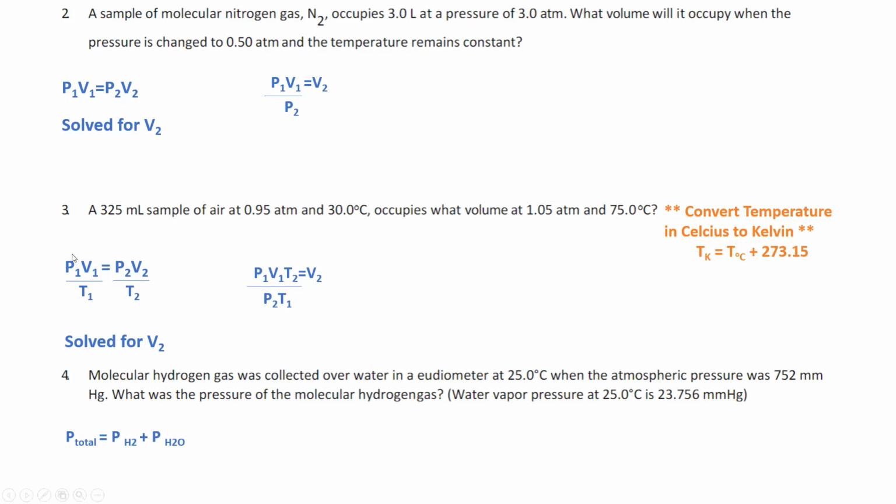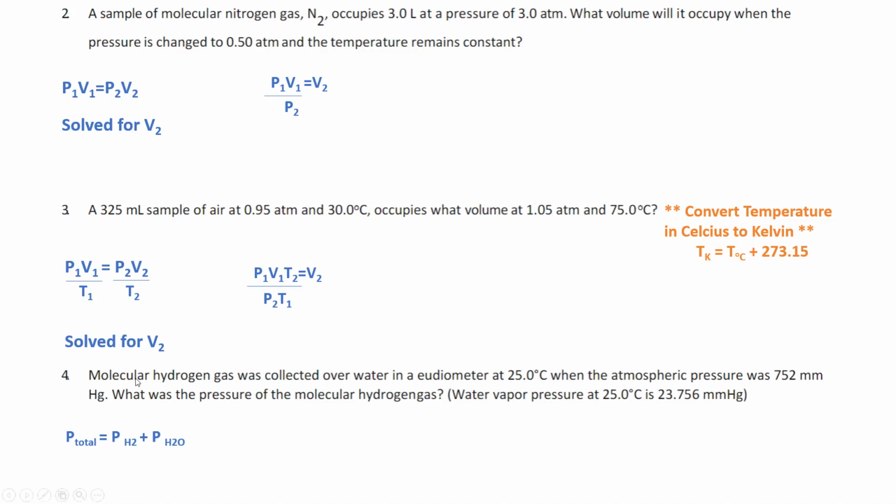There was an initial pressure, initial volume, and initial temperature. It gave us the final pressure and the final temperature, and we're solving for the final volume. So we rearrange this equation to solve for V2. I did that by cross multiplying and then dividing each side by T1, P2 in order to get this equation. We can plug everything in after we've converted the temperatures to Kelvin to solve for the final volume.